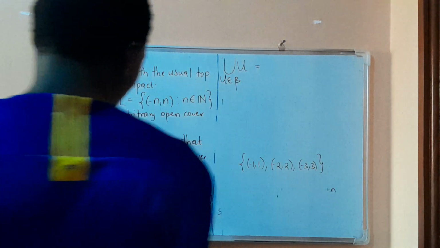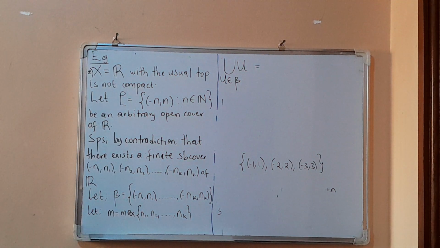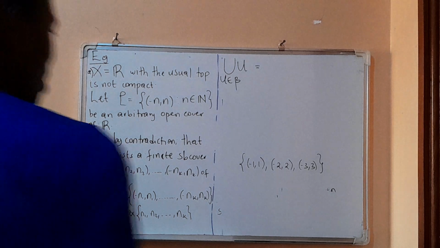Look at that collection as simply that one. It's a collection of finite open intervals. Now, what happens if you try to compute the union of this collection?